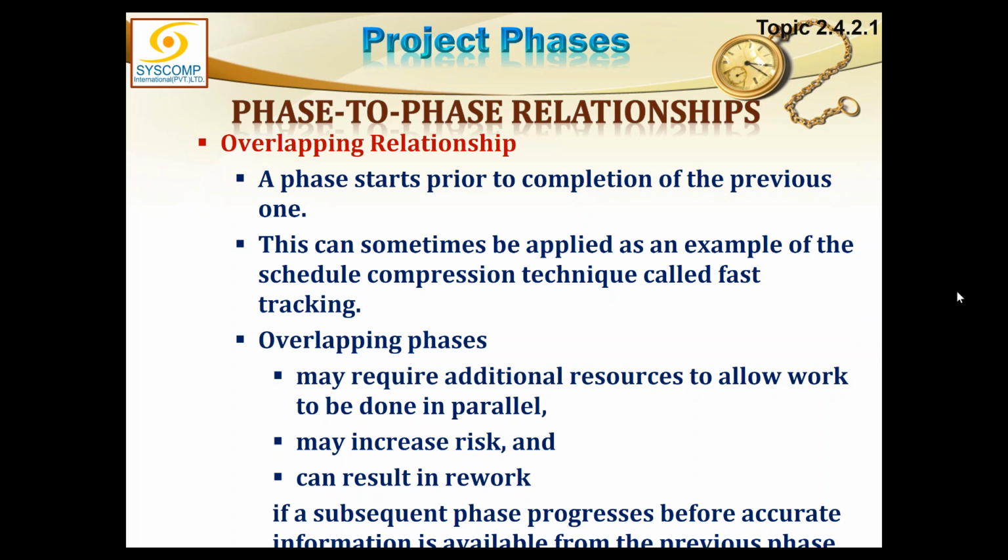I'll give you an example which will make things a bit easier. Maybe you are constructing a multi-story building and the first floor you have completed needs approval. Only then should you move on to the next phase and the next floor. But the people who had to approve it are taking too much time and you have been told to move ahead with the next phase while you wait for the approval for phase 1, and approval doesn't come. But you have completed phase 2 as well.